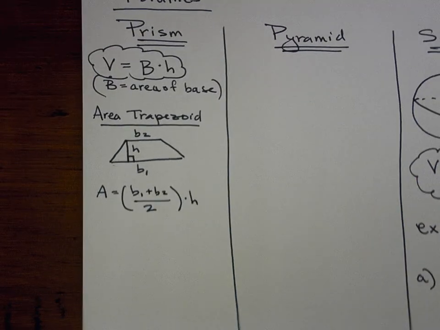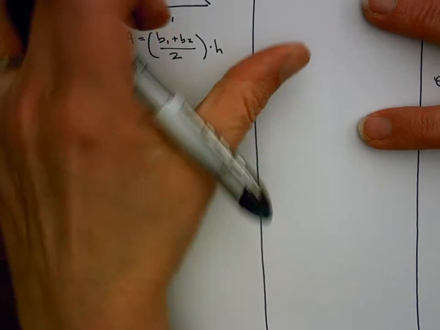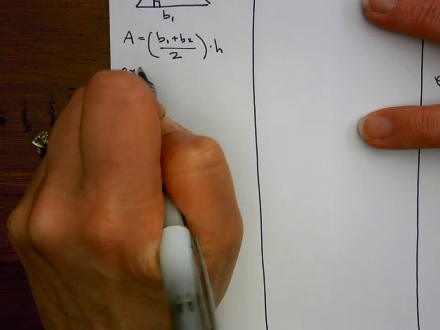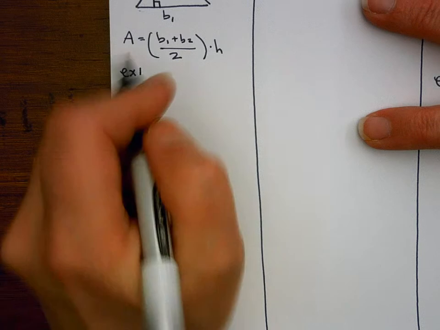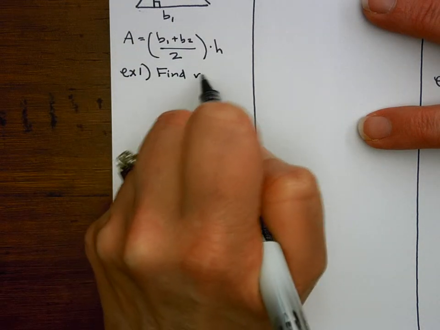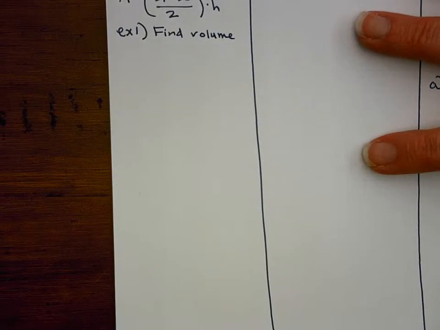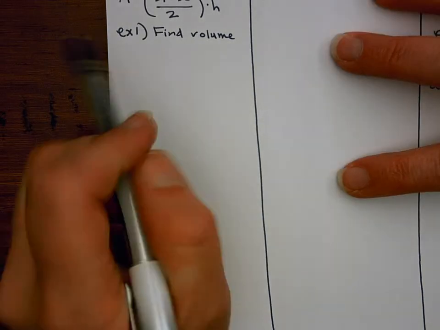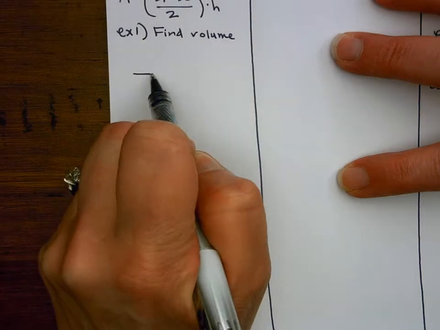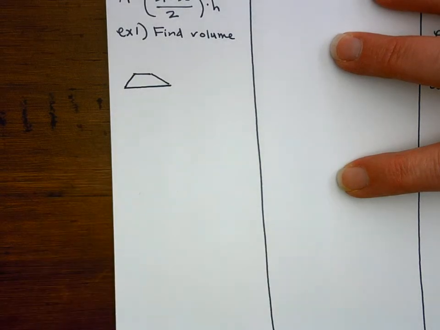All right, so we are going to do just one example of a prism, and then we'll do one for a cylinder. Okay, so I'm going to start by drawing a trapezoid.